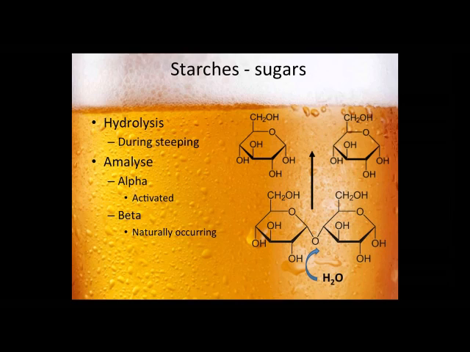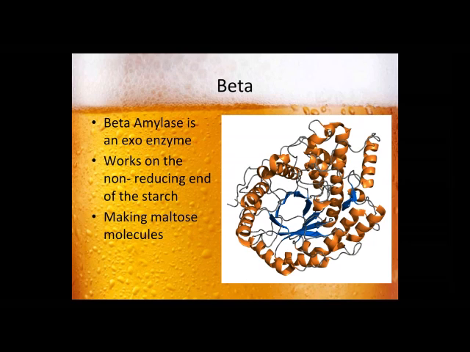To speed up this reaction, we need alpha amylase and beta amylase. Alpha amylase is activated during the steeping process. Beta amylase is naturally occurring. Beta amylase is an exoenzyme. That means it only works on the ends.